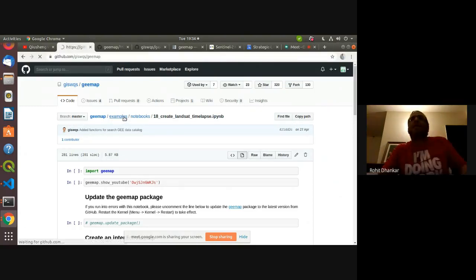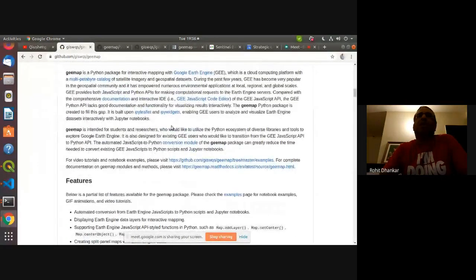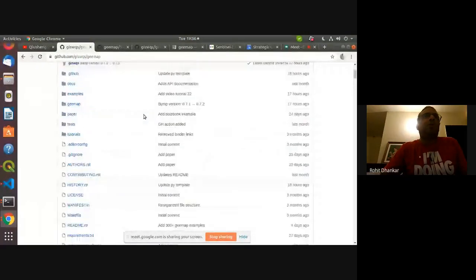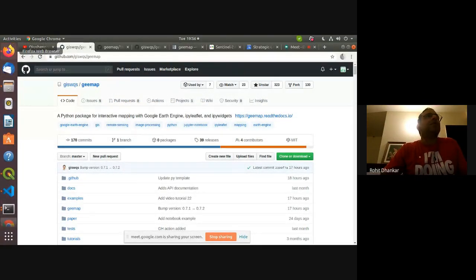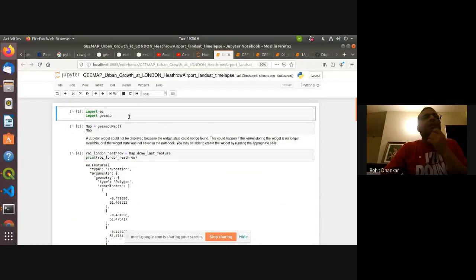What it basically does is it takes the Jupyter notebook and these two others, ipyleaflet and ipywidgets, and puts these three together and creates lots of interactive Jupyter notebooks, Google Colab, and things like that. So I played around with some of his code. Pretty simple stuff. So over here I'm importing both. So ee is the Earth Engine.